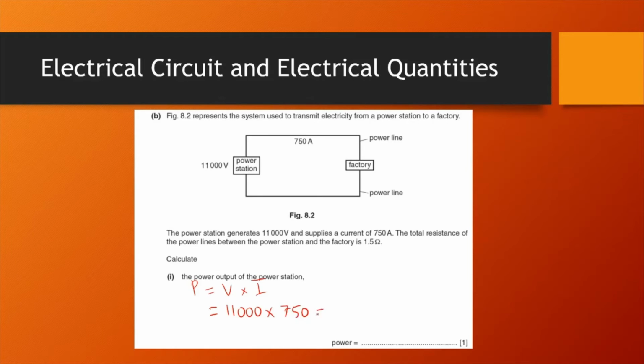So the result is 8.25 times 10 to the power of 6 watt. Write down the answer on the provided space. 8.25 times 10 to the power of 6 watt. Don't forget the unit.